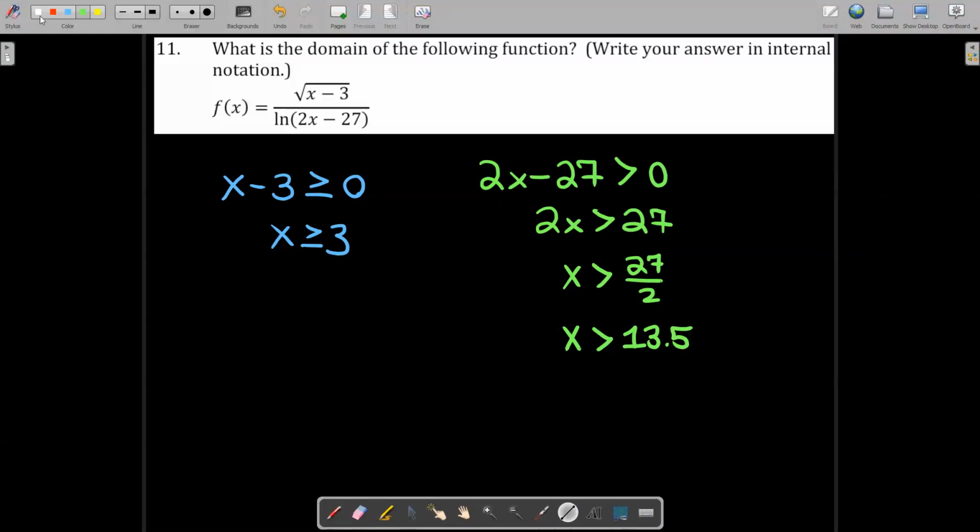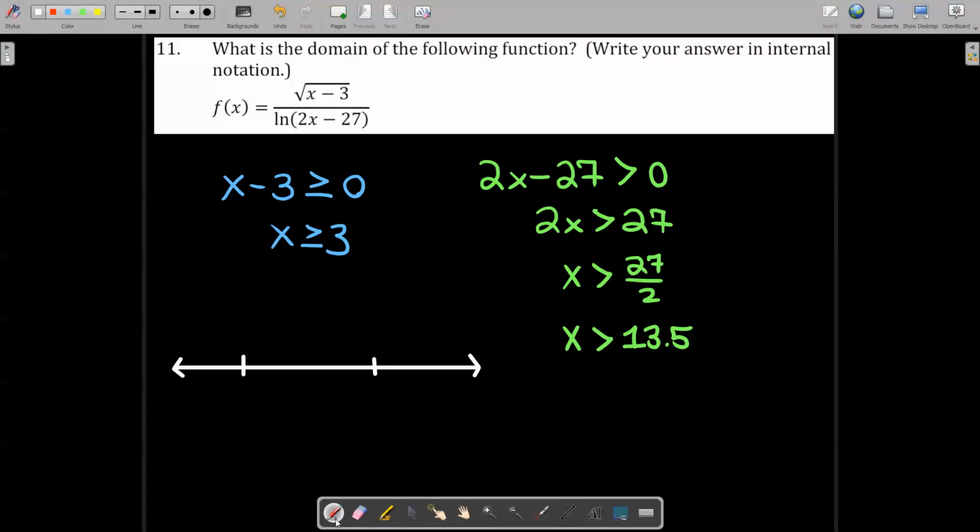Now, are we looking at a union here, or are we looking at an intersection? Okay. In order for this to be real numbers, we are talking about an intersection. It must meet both of these criteria. Okay, so if we go ahead and put some numbers on this number line, let's go with 3 right here. Oh, they're not random numbers. We found these numbers. 3 right here, 13.5 right here.